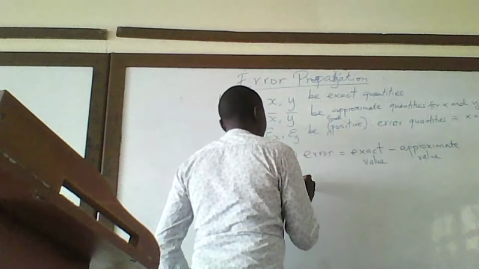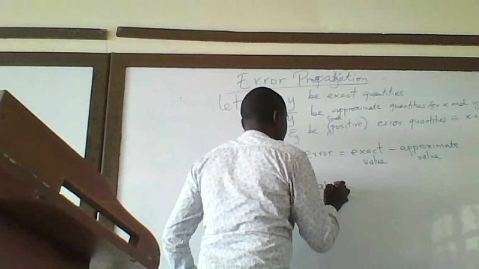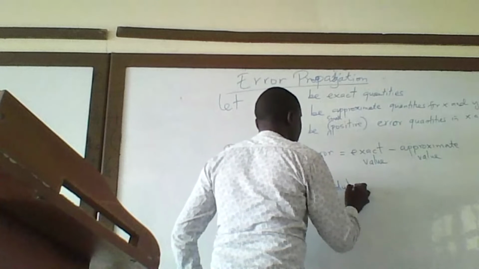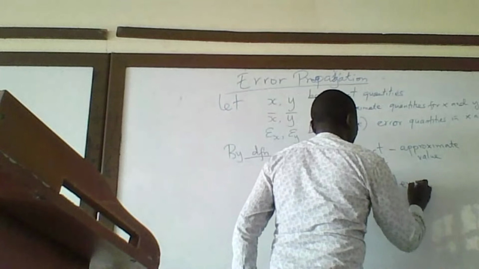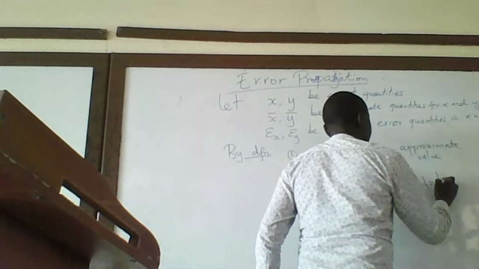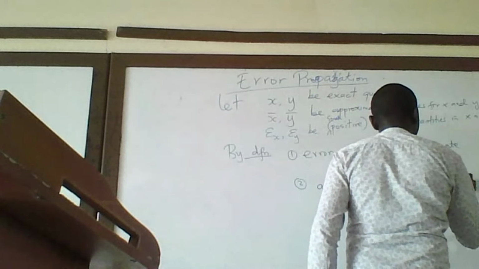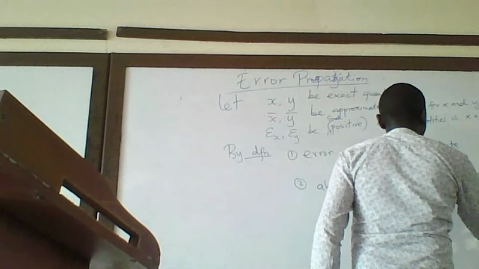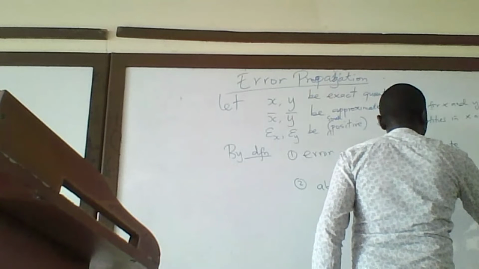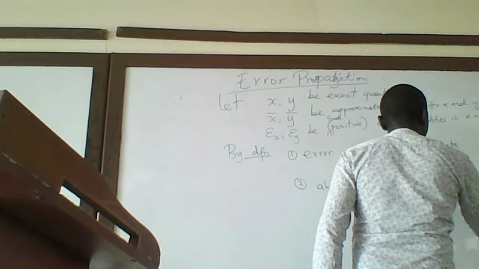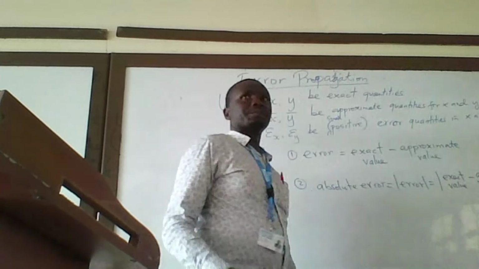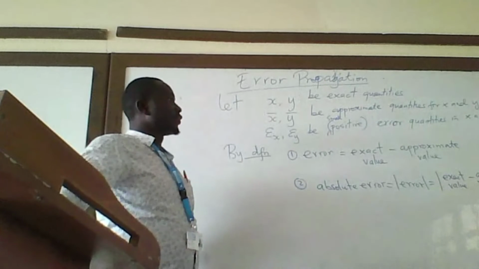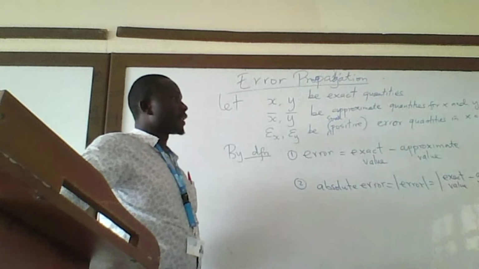Then number 2, absolute error simply means magnitude of error, which is magnitude of exact minus approximate. That's by definition.